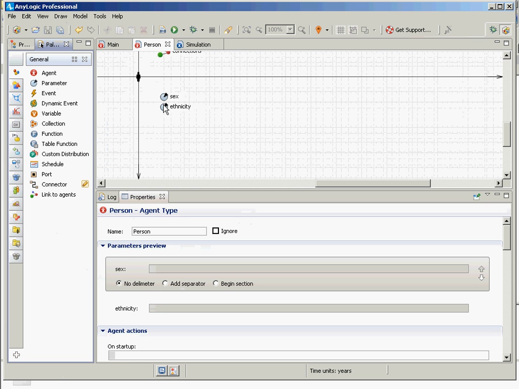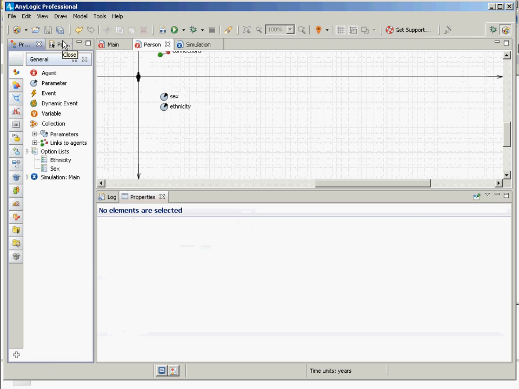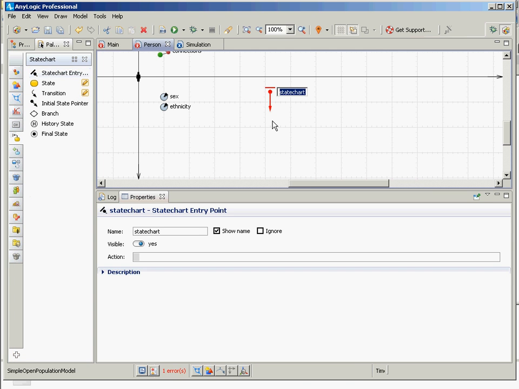Okay, so we're going to set here in the palette, we're going to go to the state chart. We're going to drag over a state chart entry point, and we'll call it pregnancy state chart.